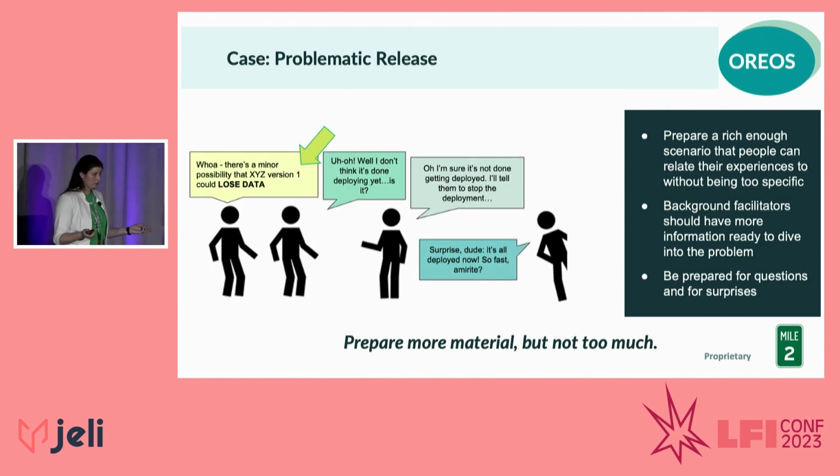The next step, we talked about, OK, here's the problem. We only gave a small little bit of information about it. There's a small possibility of losing data. Well, as the facilitating team, we were able to build out a lot more detail behind the scenes to prepare for any questions that the teams were going to give. Because we have to be ready and prepared as the team to be able to respond.